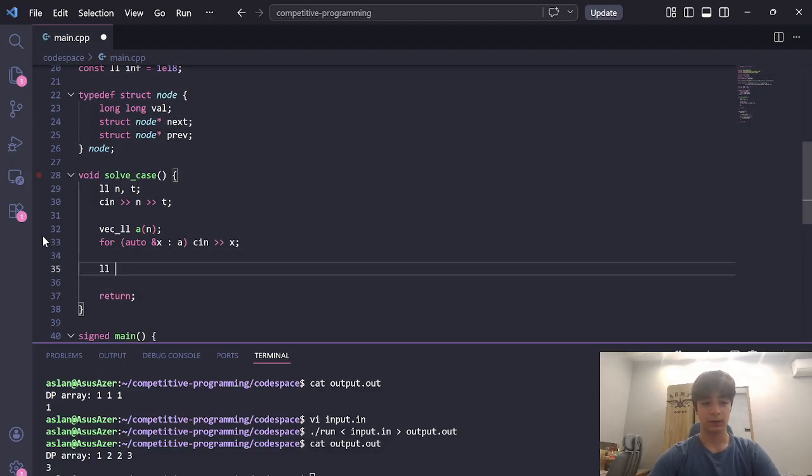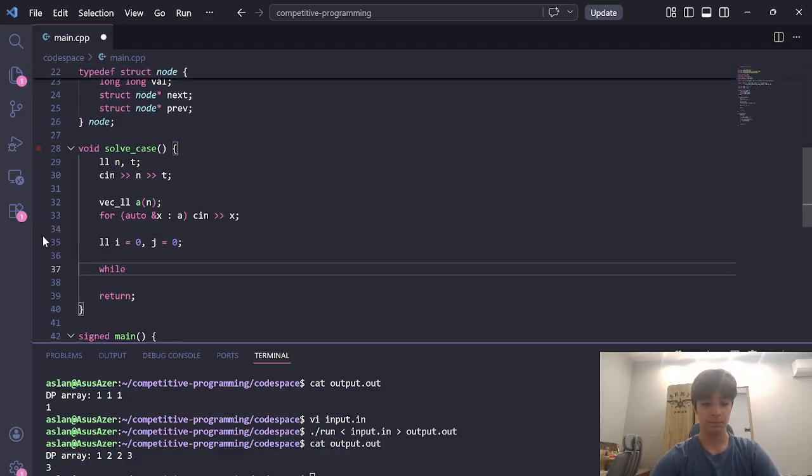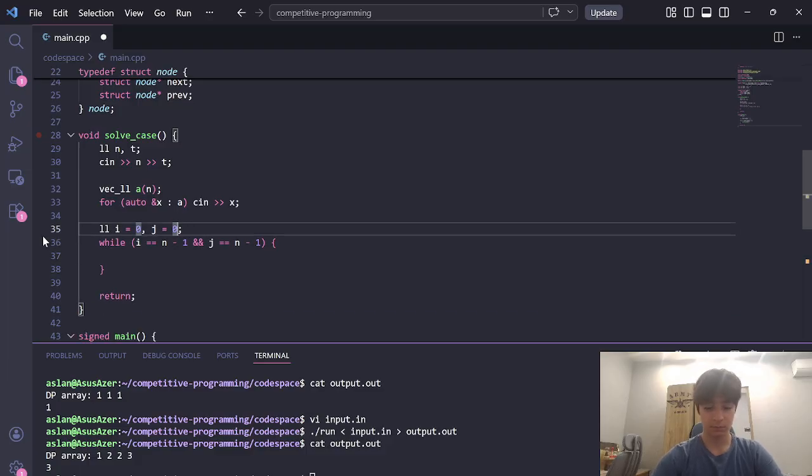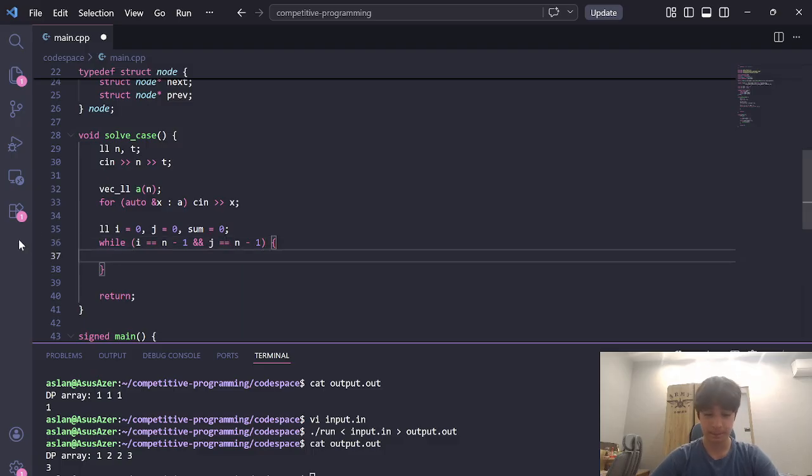Then we need to do this. And j is not equal to n minus 1. Sum is equal to a[0]. Yep.